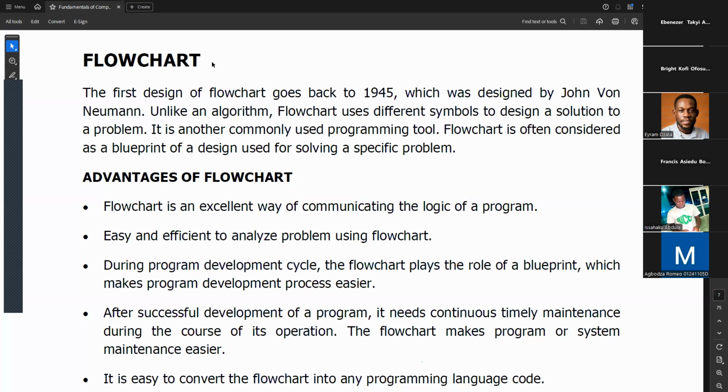This was introduced by John von Neumann, a mathematician and scientist, back in 1954, and it's still in use. It's been updated anyway, but it's one of the diagrams that you need to learn or understand when it comes to programming.